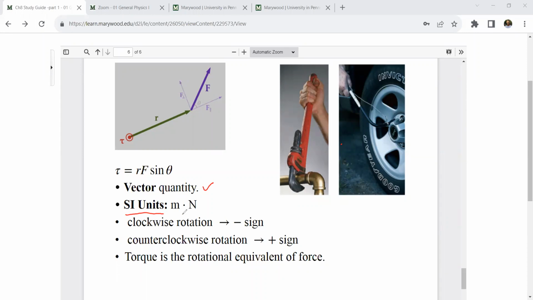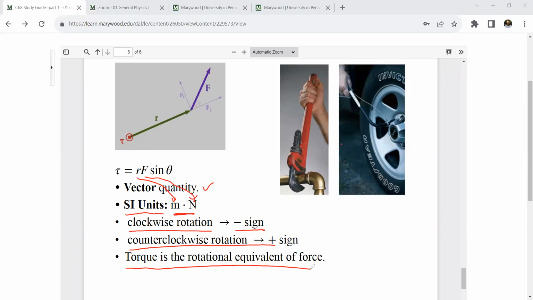The standard international unit is meter Newton, meter coming from R and Newton coming from F. So when you combine this, the standard international unit for tau is meter Newton. Similar to all other quantities, clockwise rotation means negative sign and counterclockwise rotation means positive sign for torque. And as I already mentioned, torque is the rotational equivalent of force.